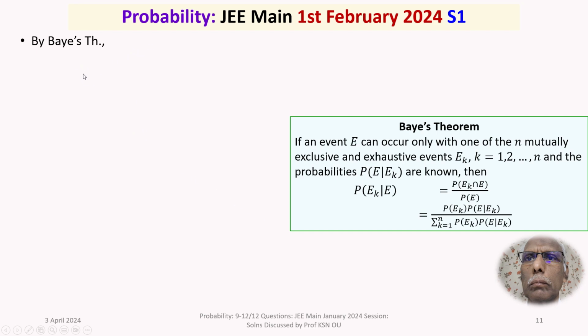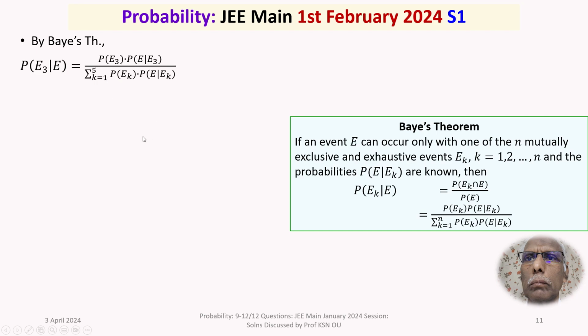So we want the probability of E3 given E. That will be equal to probability of E3 multiplied by probability of E given E3, divided by sigma k is equal to 1 to 5 probability of Ek multiplied by probability of E given Ek. And you know the probability of E3 is 1 by 5. The probability of Ek for each k is also 1 by 5.